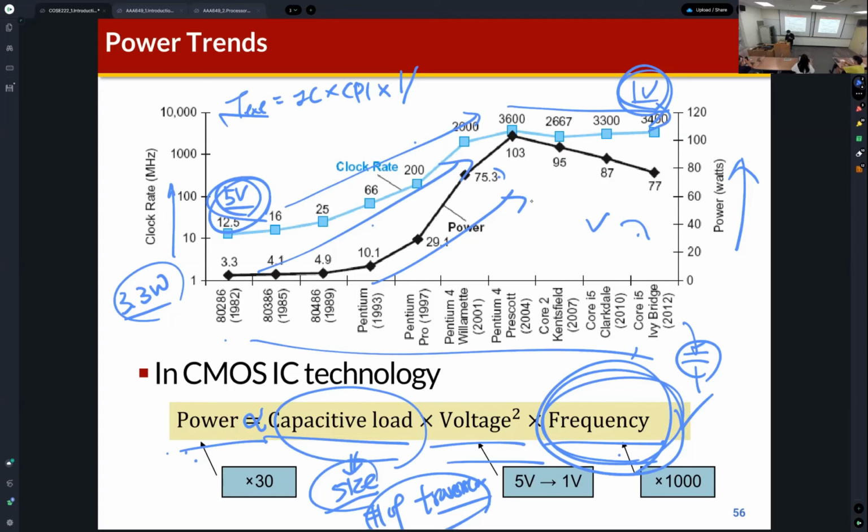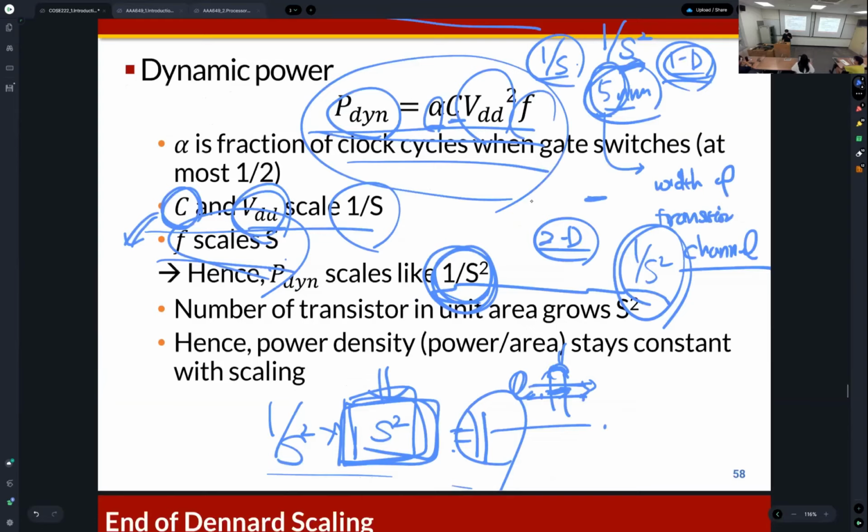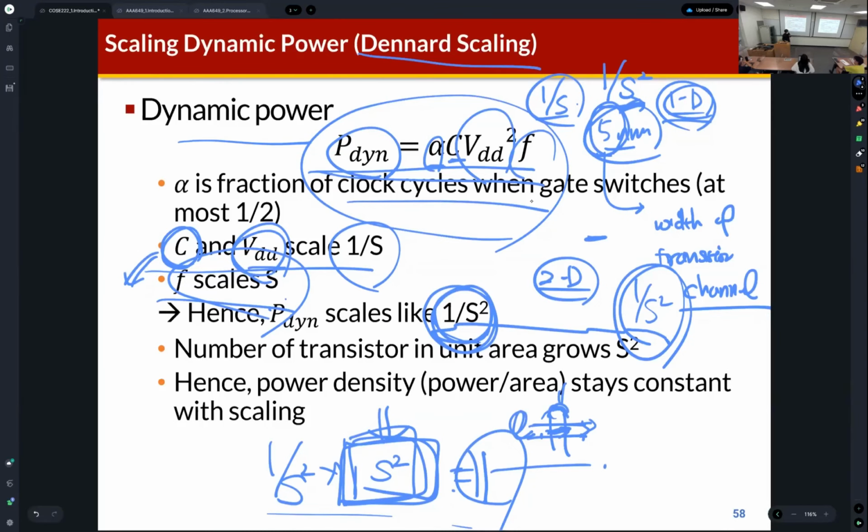So we can write the power consumption equation like this, which explains the dynamic power.